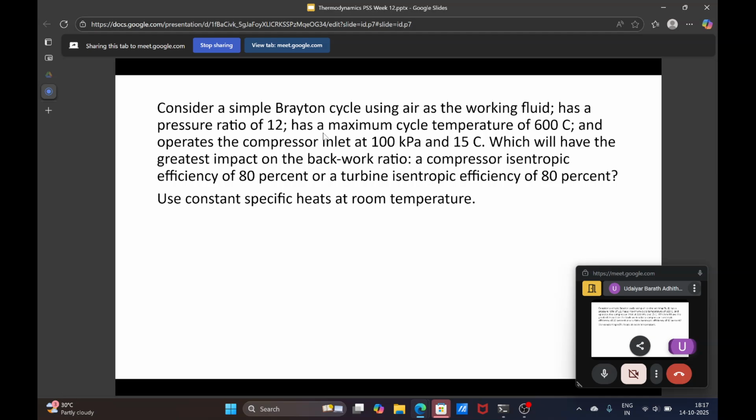So the pressure ratio is given, so you know straight away what is P2 by P1, and the maximum cycle temperature is 600 degrees Celsius, and it operates the compressor inlet at 100 kilopascal and 15 degrees Celsius. Which will have the greatest impact on the back work ratio? What is the work ratio, the inlet to outlet work given in by the work used?